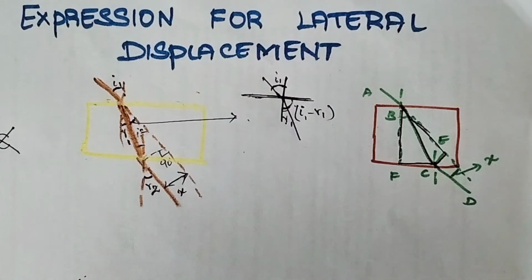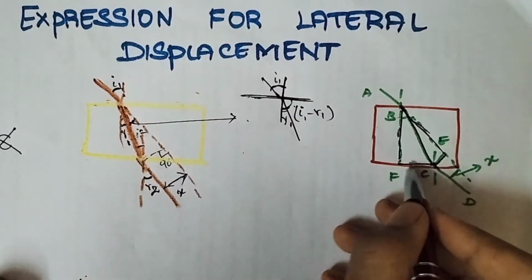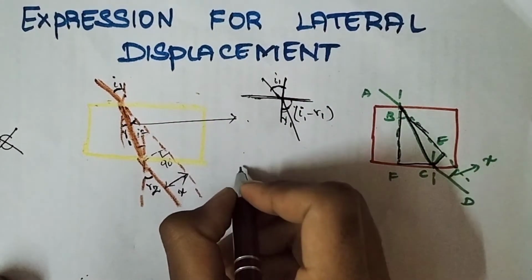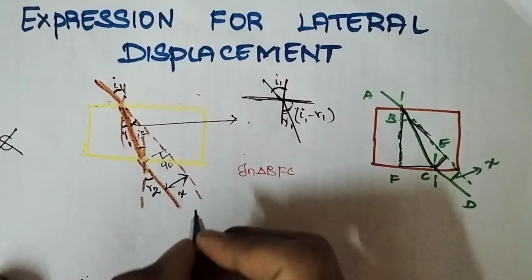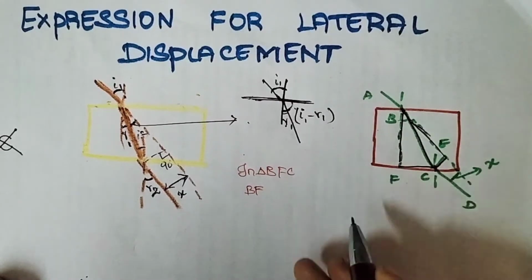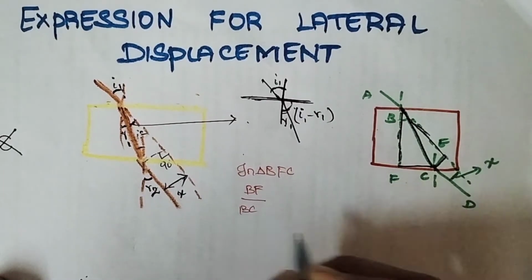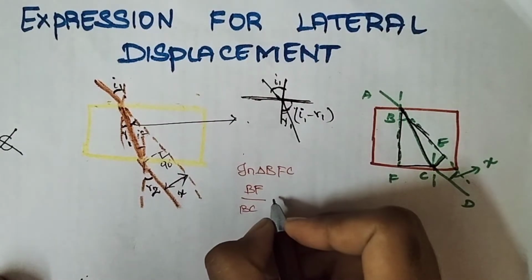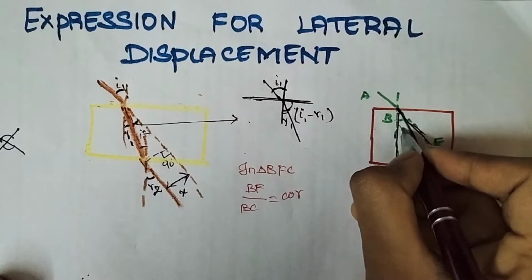Now let's derive the expression, children. In triangle BFC, what we have, BF by BC is cos R, this is R, correct.